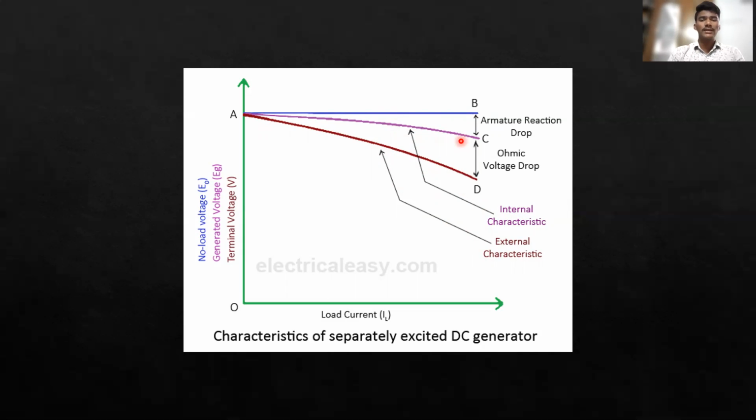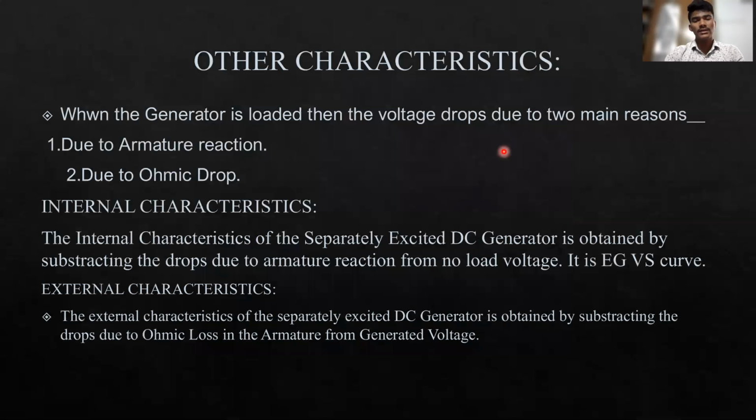In this B C D, the distance between B and C is called the armature reaction drop, and between C and D the ohmic drop. You can use these for internal and external characteristics.